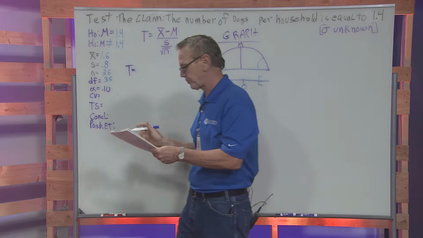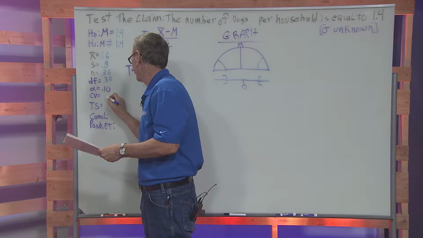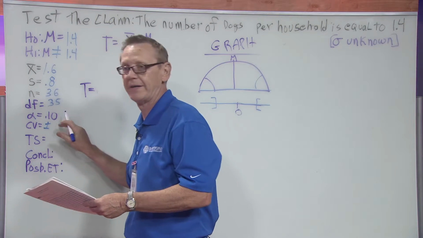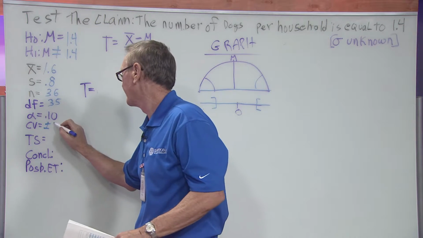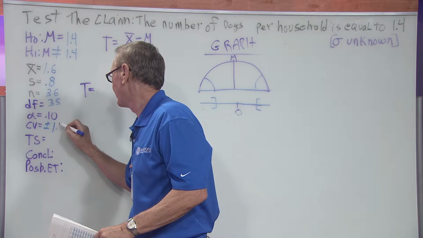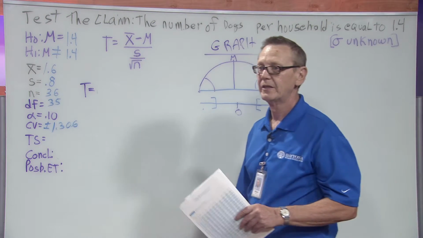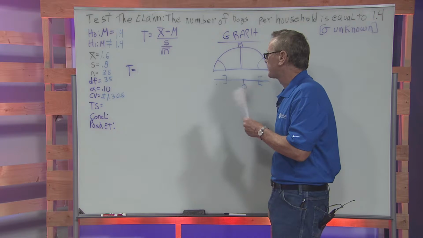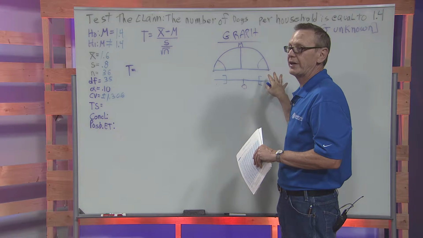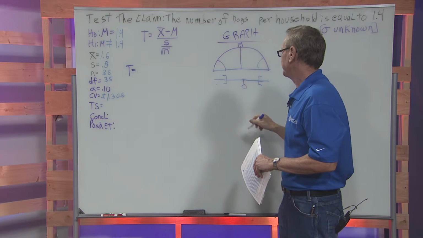In this case, we have a critical value of plus minus, that's the two-tail, 1.306.